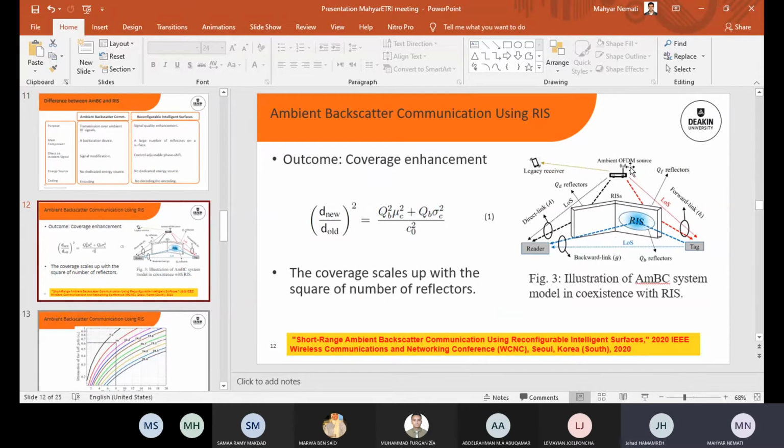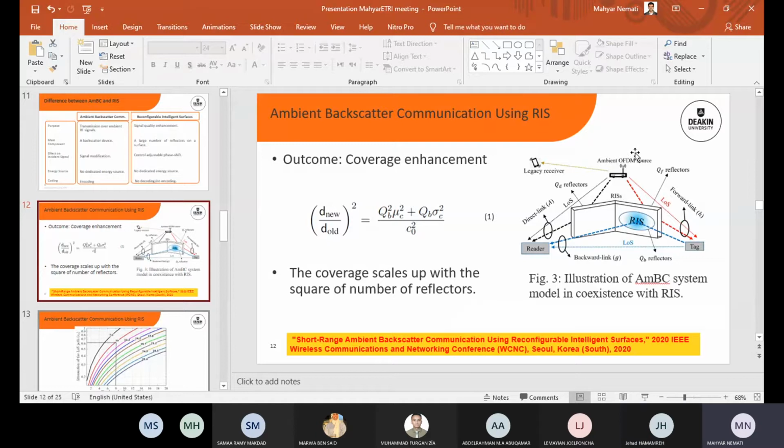But by combining these two technologies, RIS and ambient backscatter communication, we can overcome the short range of conventional ambient backscatter communication. The scenario is like that.